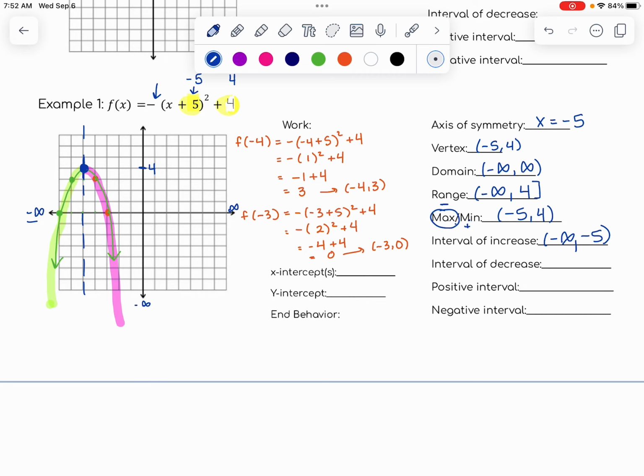All right, now on the other side of -5, after we stop increasing, we turn and we start to decrease. So that starts again at -5. And then we decrease forever and ever until +infinity. Now you might be a little bit confused here, so let's be clear. It is decreasing because it's pointing down, right?